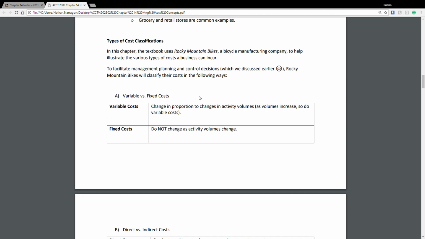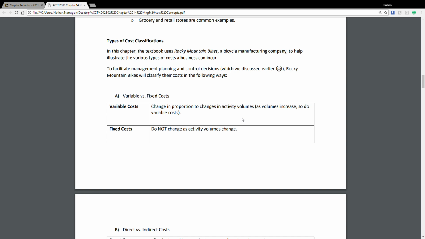If you want to take this to a term of algebra, you can. If you remember y = mx + b, which is a linear equation, the b, my y-intercept, is basically my fixed cost.